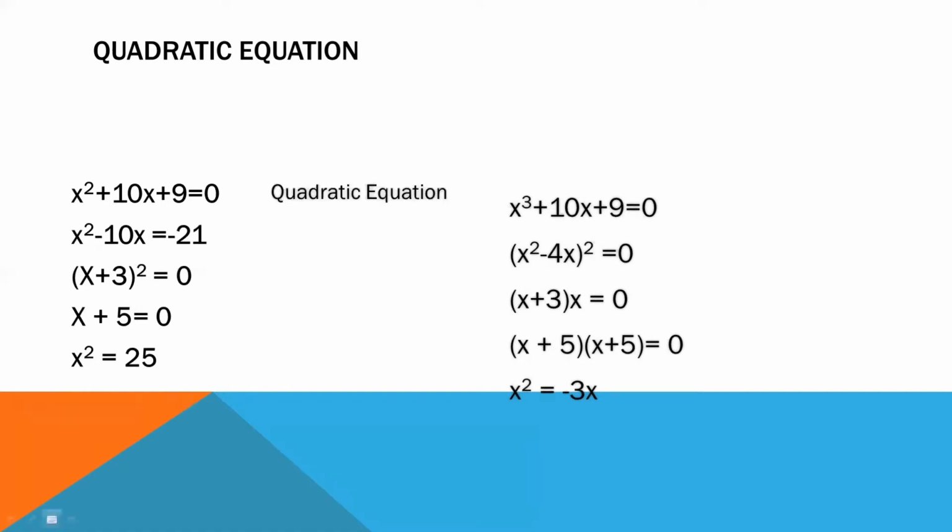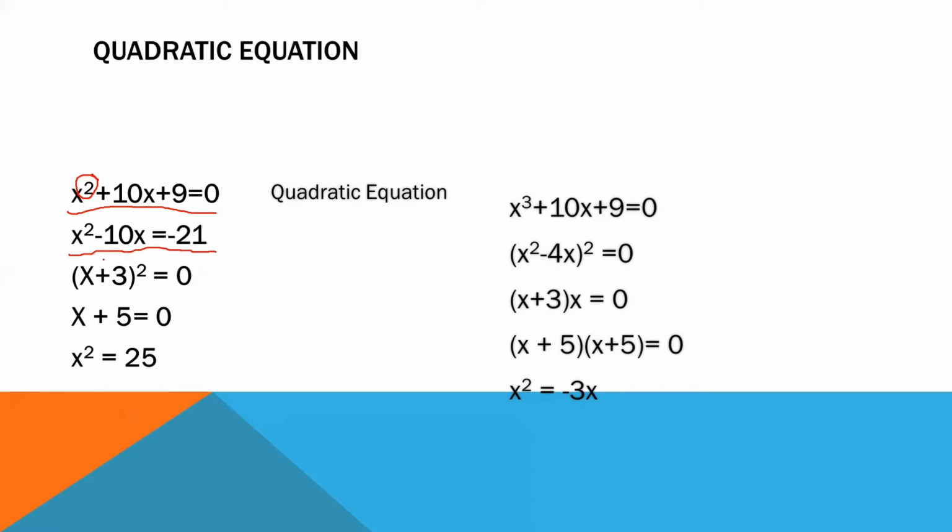So bakit nga po ba siya quadratic equation? So sa quadratic equation, again, we are considering the degree or the exponent. So since yung exponent natin ay 2, then wala na naman tayong sinisimplify, then it is considered agad na quadratic equation.